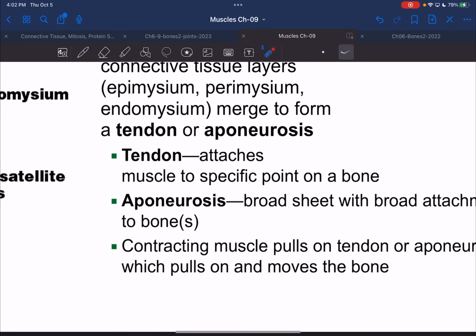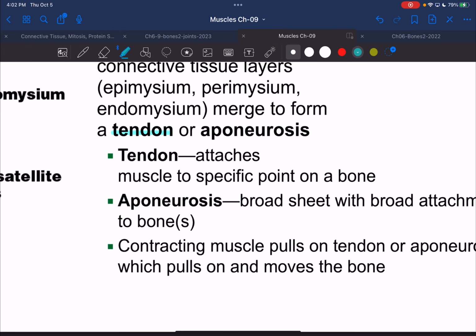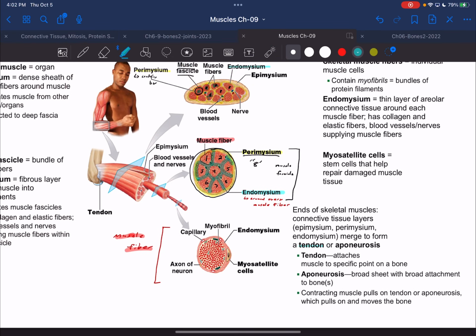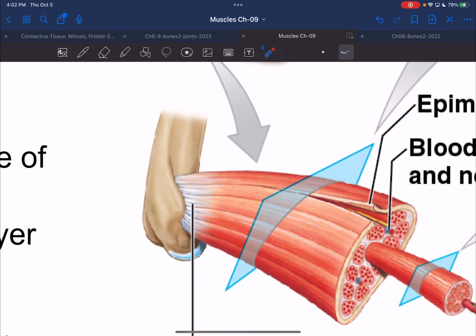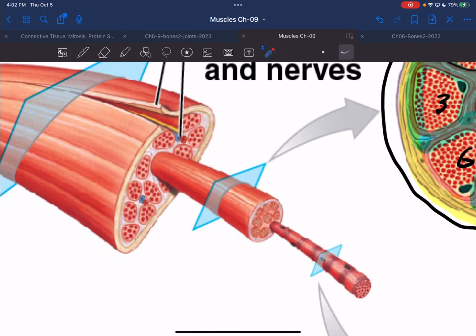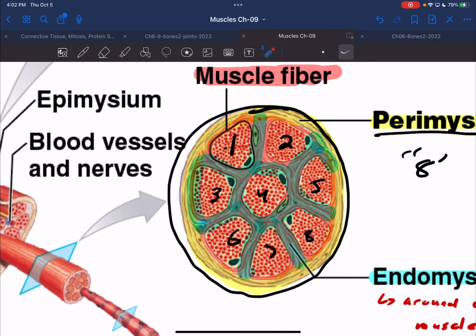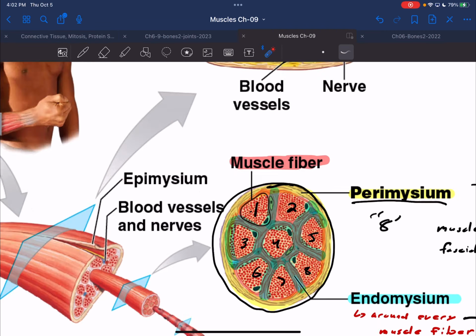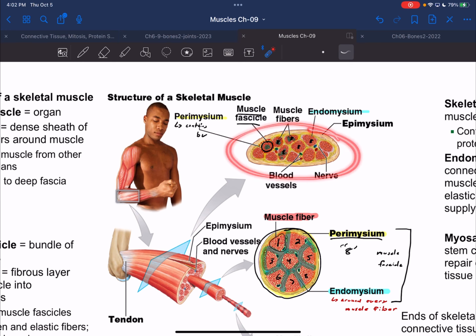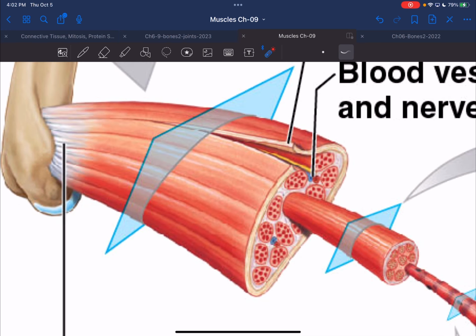Next, we have our tendon. And a tendon is going to be all of these tissues combining together. If you look at these cylinders, no matter what level we started at, whether it's endomysium, perimysium, or the whole entire epimysium, they're all going to eventually connect and combine together.